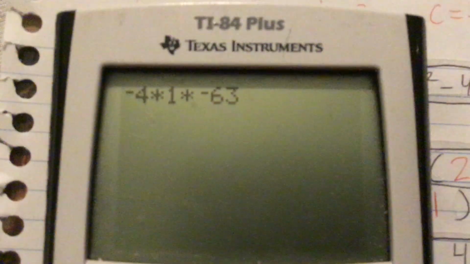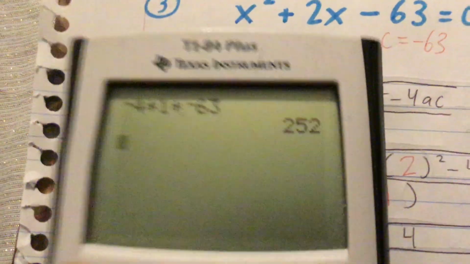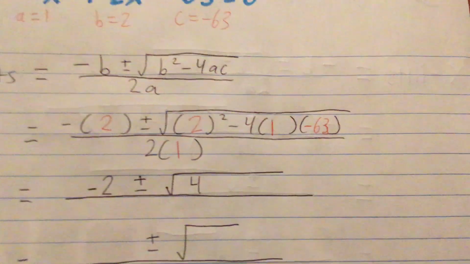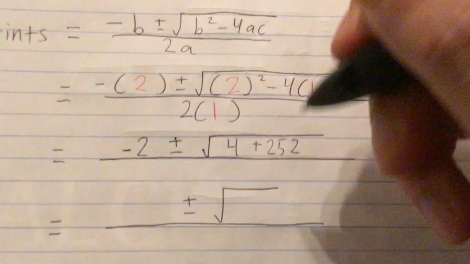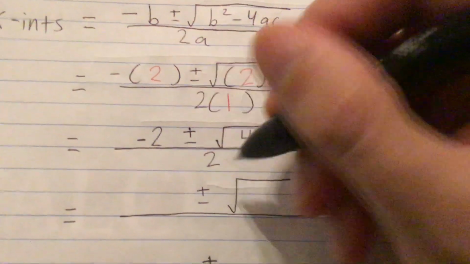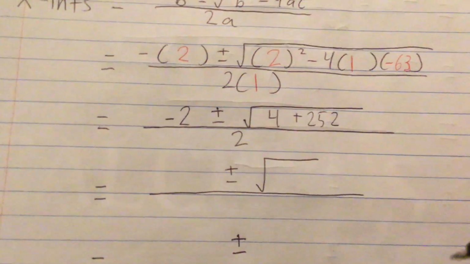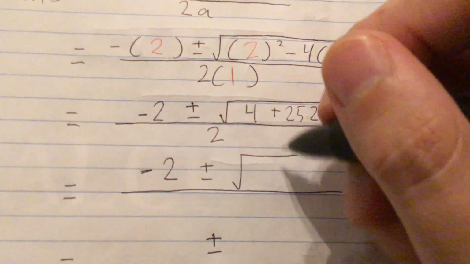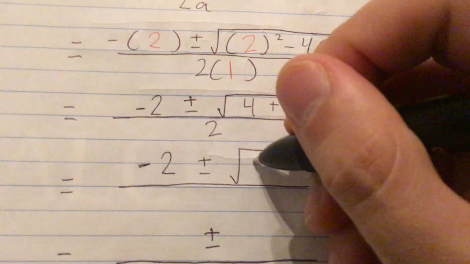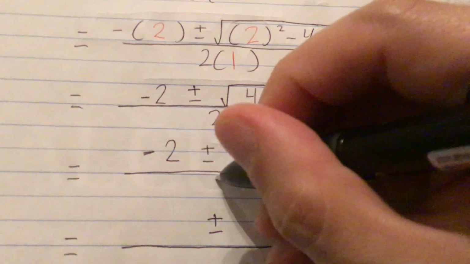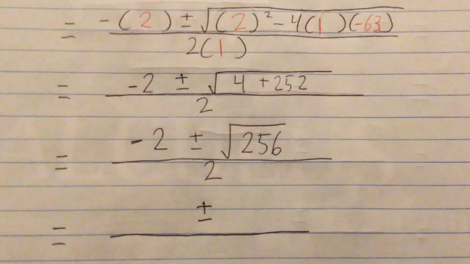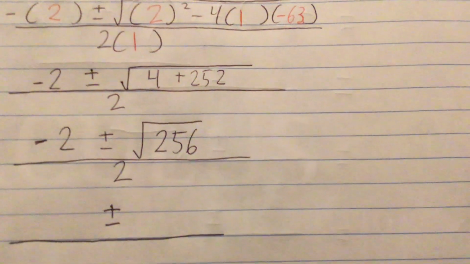We multiply these numbers and we get positive 252. So 4 plus 252, all that over 2 times 1, which is 2. Now, let's clean this up. Negative 2 plus or minus the square root of 4 plus 252, that is the square root of 256, all that over 2.